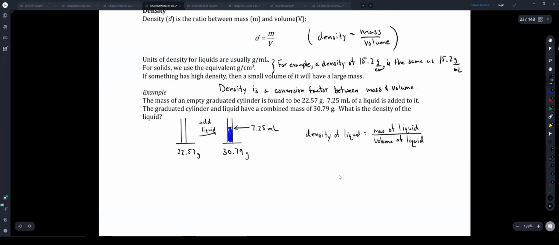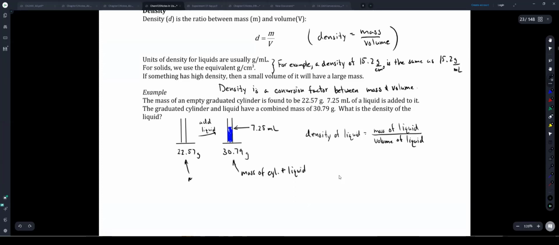So what is the mass of the liquid? Well, this is the mass of the, what is that the mass of? 30.79 is the mass of the graduated cylinder plus the liquid. Good. And what's this?